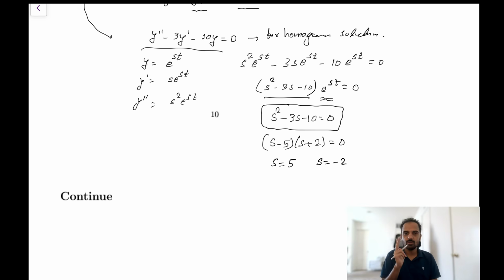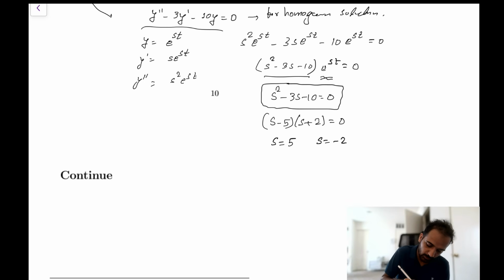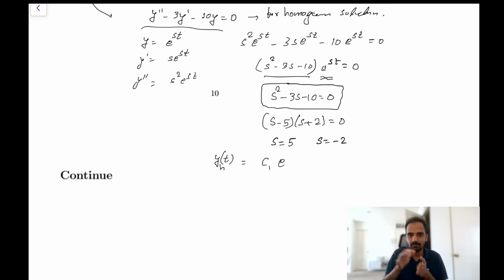Since you have two non-repeated, unequal real roots, your homogeneous solution y of t will be the superposition of the two base terms: c1 e to the 5t plus c2 e to the minus 2t.